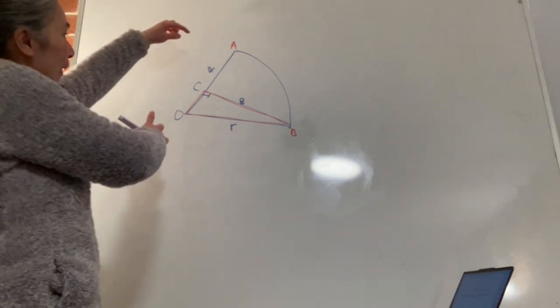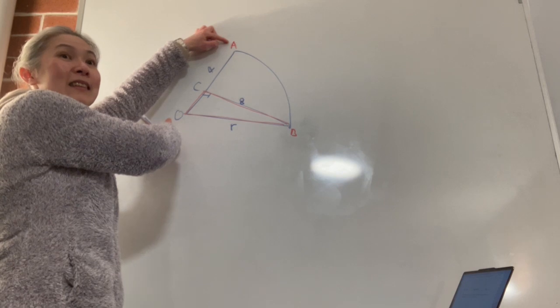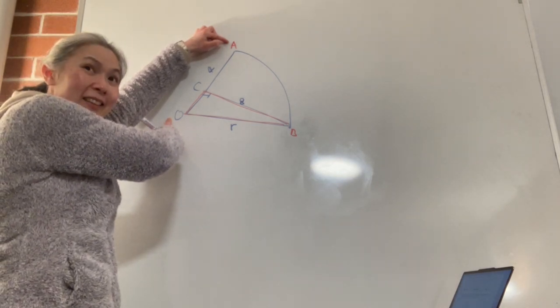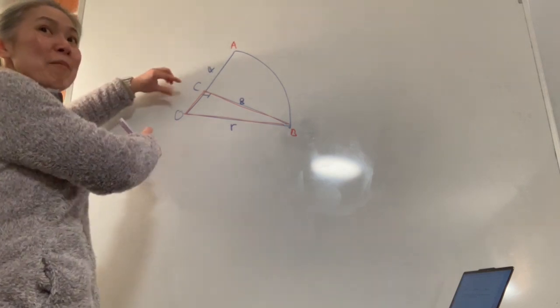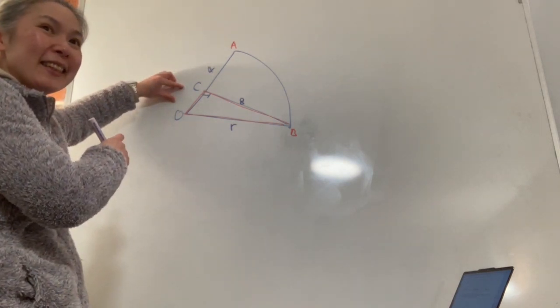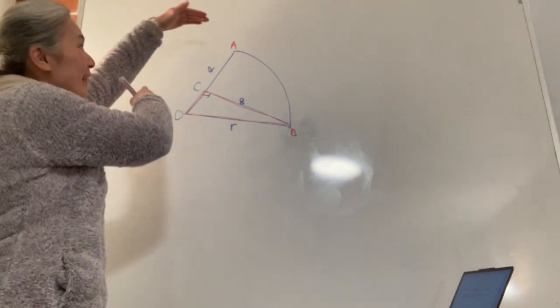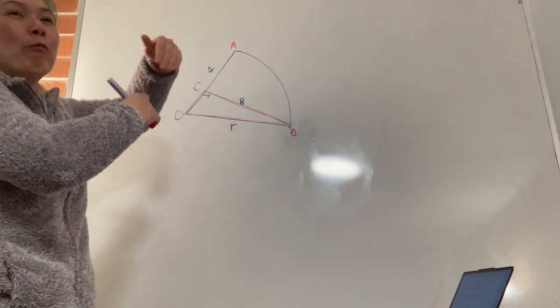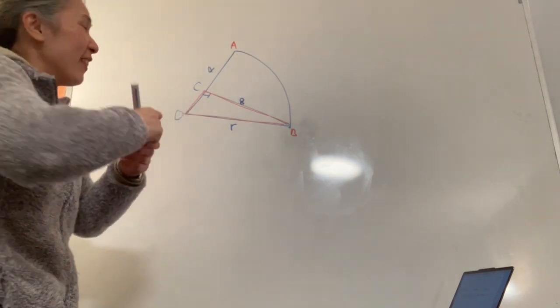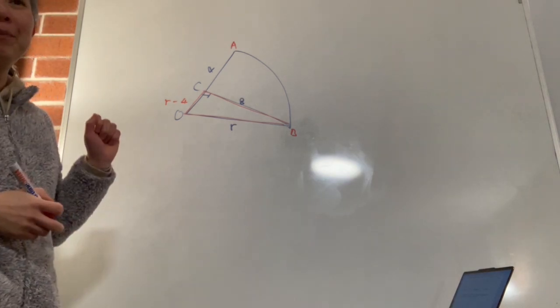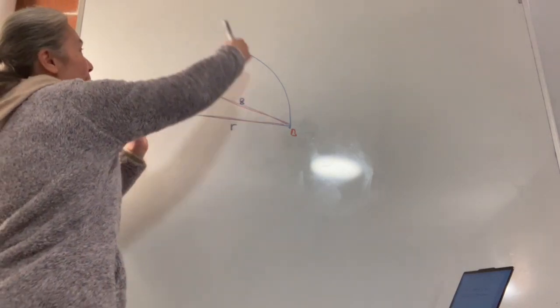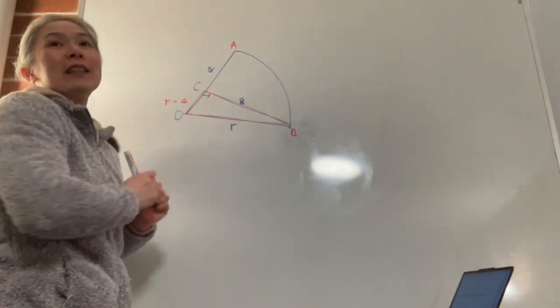So that means this distance in here is R. If this distance is R, and that is 4, that means this one must be R minus 4. That is the statement you need to find out. Because we know this is R, that is R, this is 4, of course this is R minus 4.